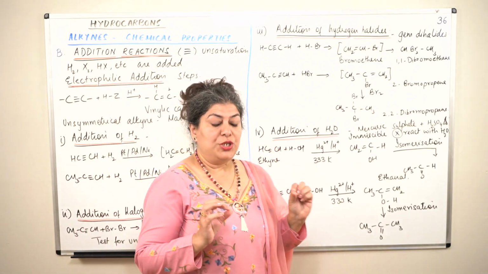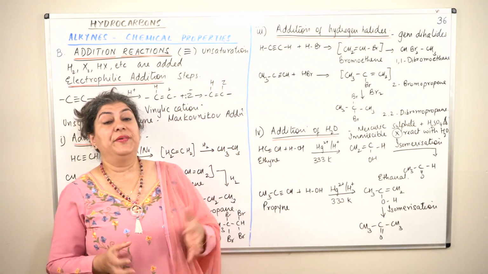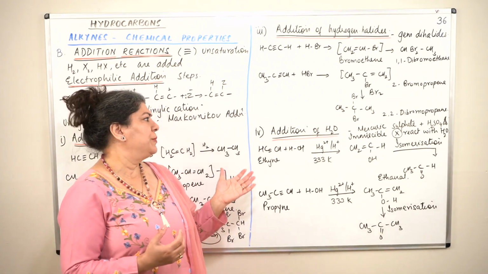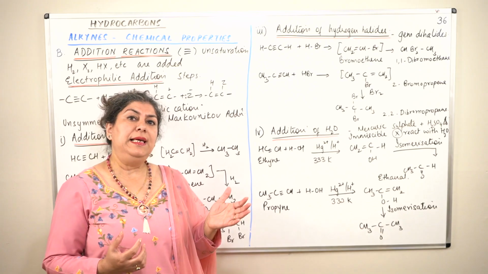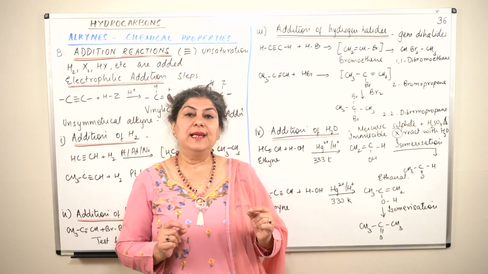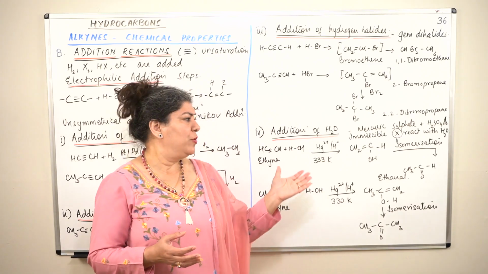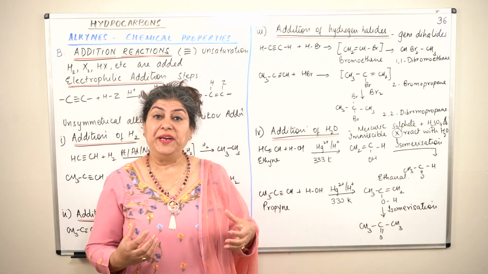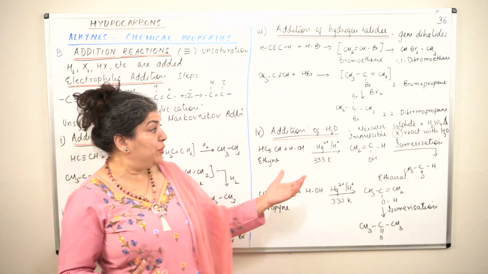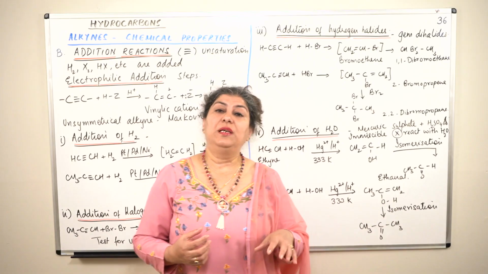When addition of water takes place, before I explain this reaction to you, let us remember what we have talked about the reactivity of alkanes and alkenes with water. I told you that alkanes and alkenes are pretty non-polar in nature, so are alkynes, and therefore they do not react with water. Two, they are immiscible in water.